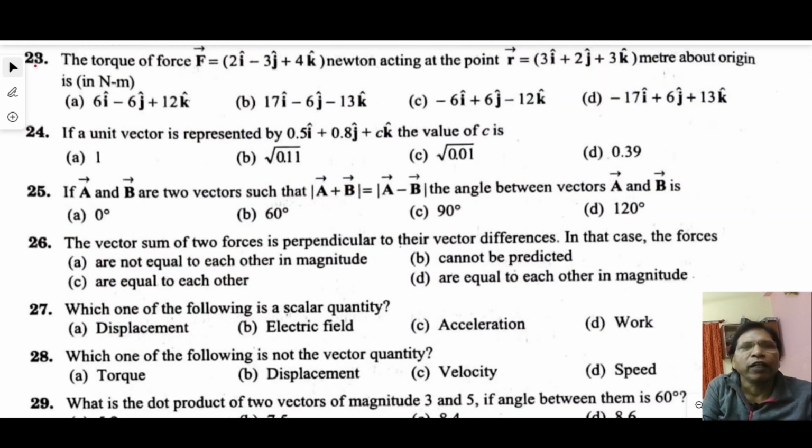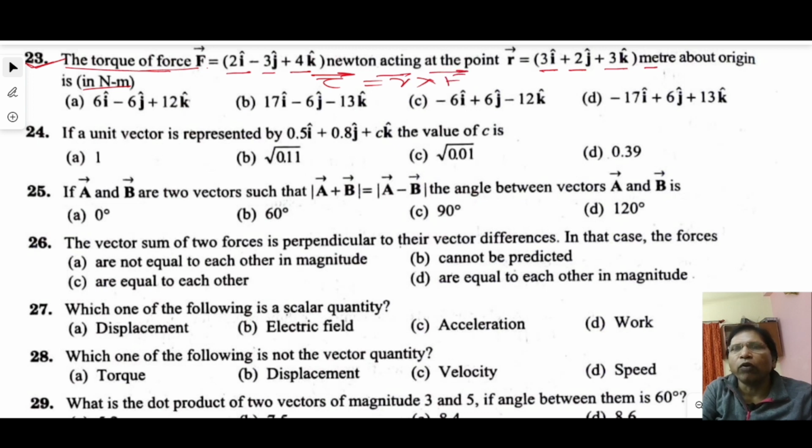Now question number 23. The torque of force F equal to 2 i cap minus 3 j cap plus 4 k cap Newton, acting at a point 3 i cap plus 2 j cap plus 3 k cap meter, about the origin is. Look at this, we know tau vector is equal to r vector cross F vector.